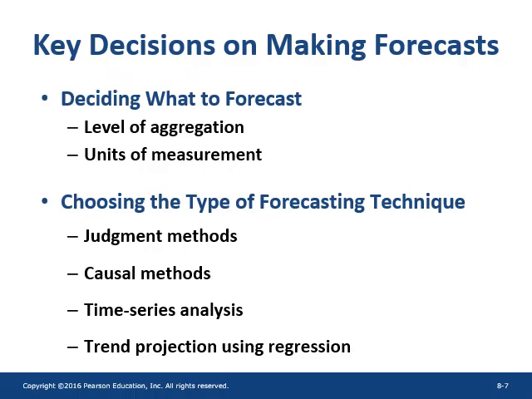forecasts, and they're different from causal methods in the sense that time series looks only at the patterns in the variable of interest, whereas with causal methods, what we try to do is we try to find something we can measure today that's related to a variable that we're trying to forecast.